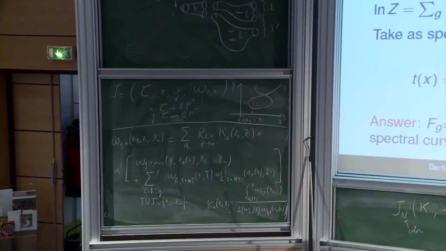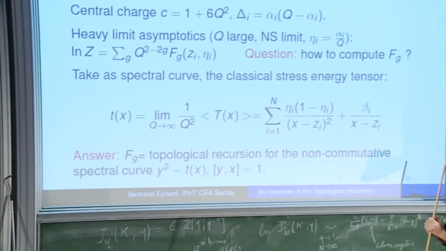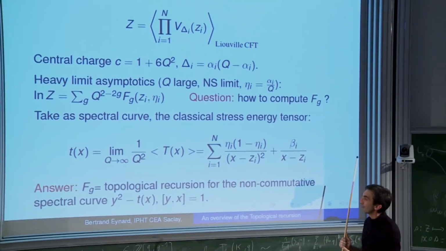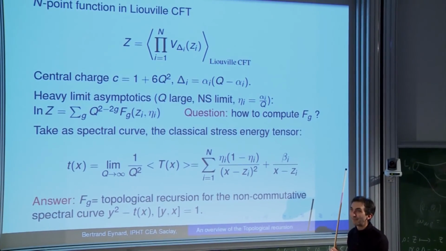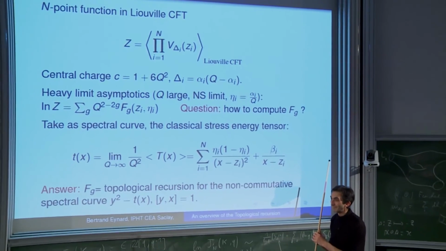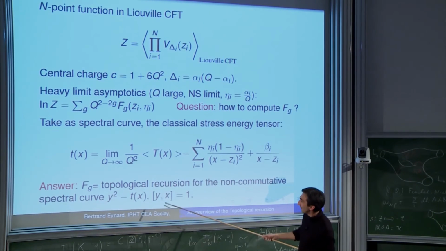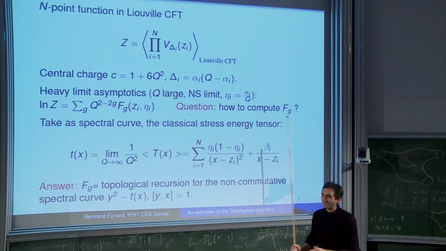It is something which we have done in particular with Chekhov and Olivier Marchal, but this is not finished. This is still in progress. The curve is algebraic, but if you make it non-commutative, okay.